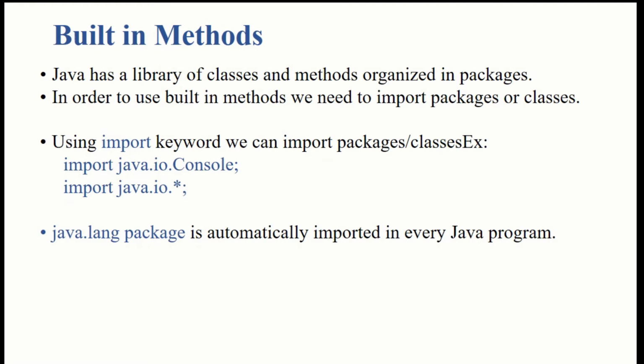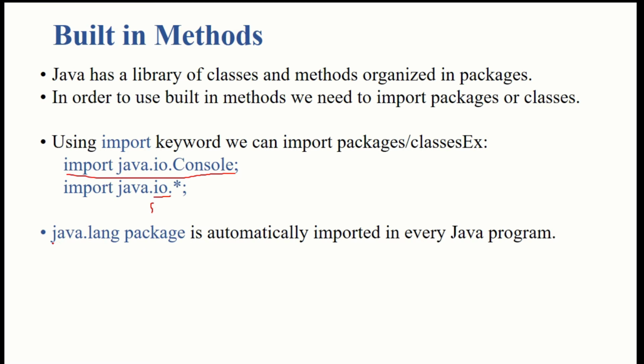Now, the built-in method is actually included in a package. Whenever you use a method, you have to import the package that includes it. So if you want to use the IO methods, you import java.io. If you want to use the Scanner, you import java.util.Scanner, and other methods.